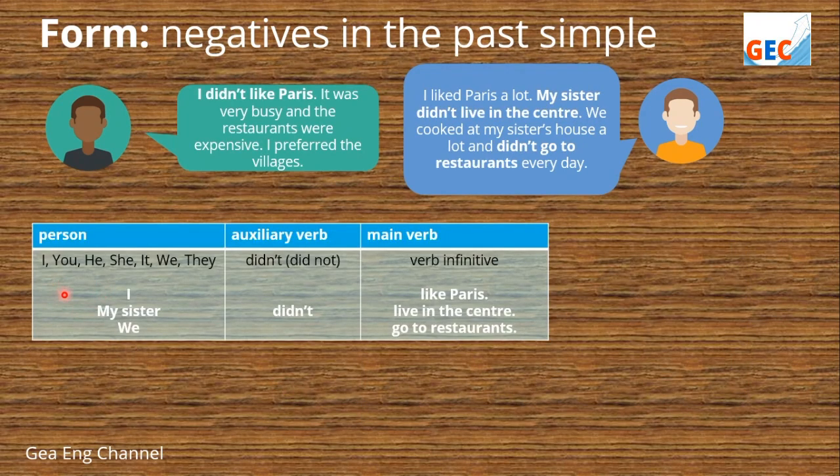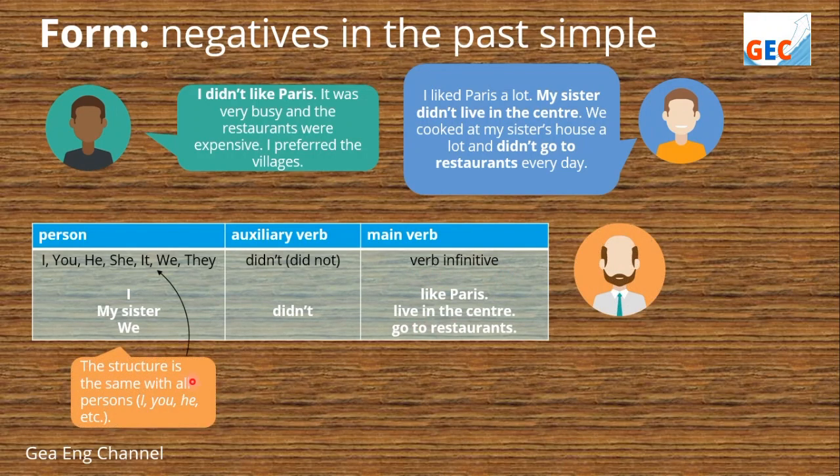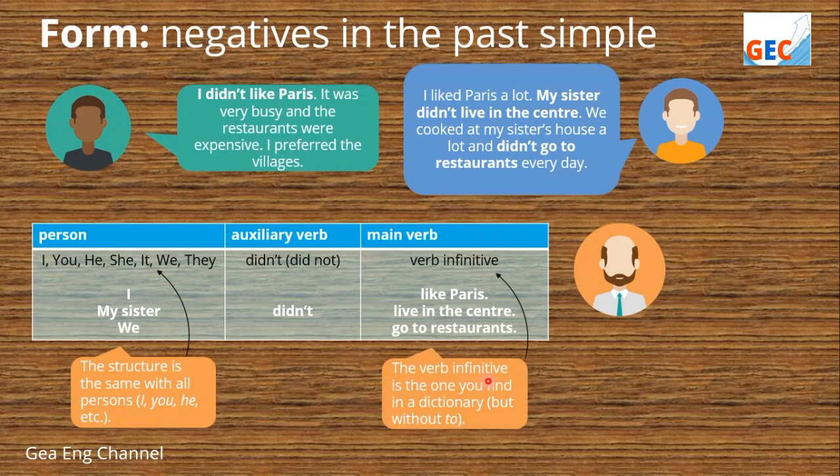So here we have the subject or the person, I, you, he, she, it, we, they, or my sister, plus the auxiliary verb did plus not, or didn't, and the verb infinitive. So the structure is the same with all the persons. And the verb infinitive is the one you find in the dictionary but without to.